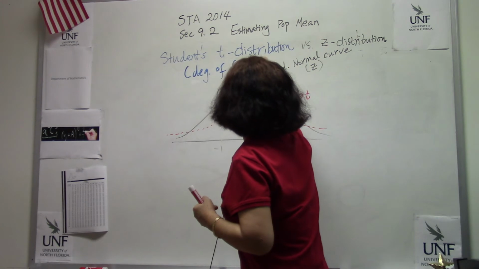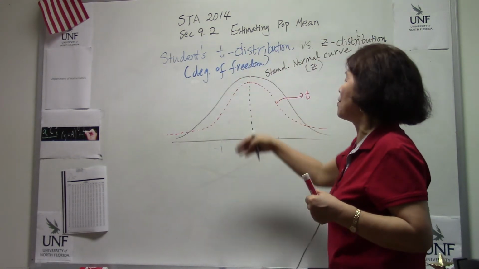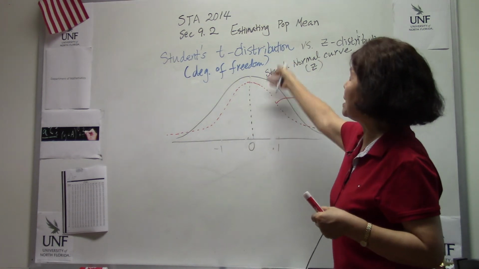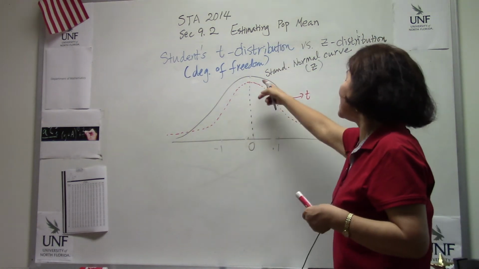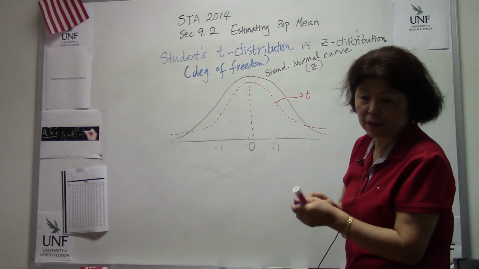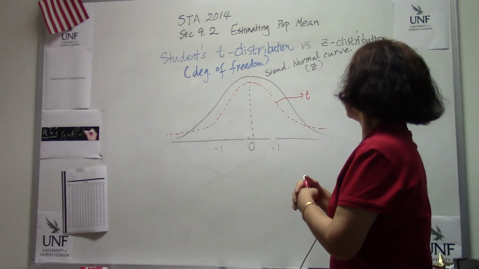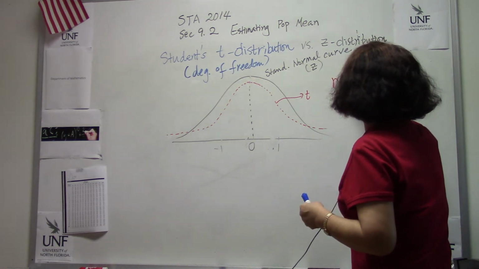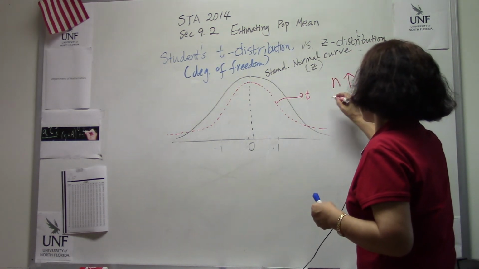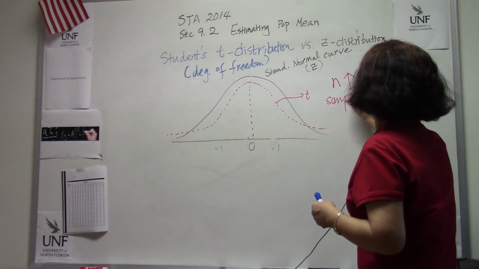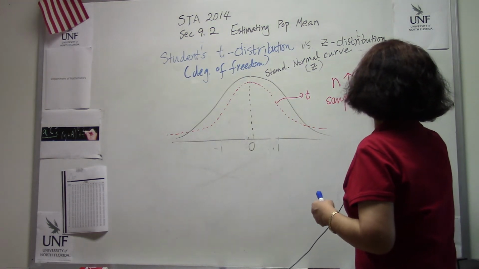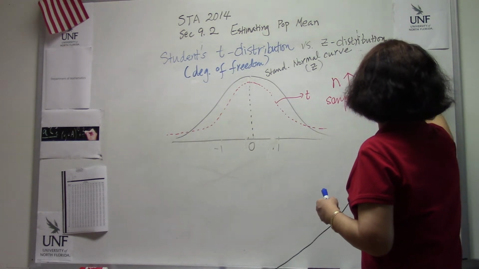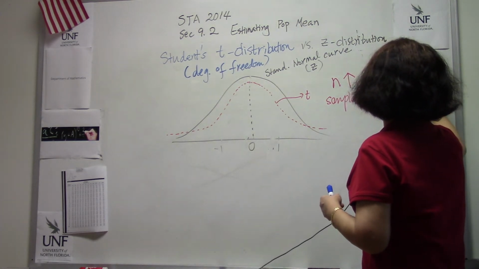Therefore, it's not just one single curve. It's a series of curves. So, for example, degrees of freedom 10, degrees of freedom 20 or 5. They are going to have slightly different curves. As the sample size n increases, it is going to be closer to the Z distribution.